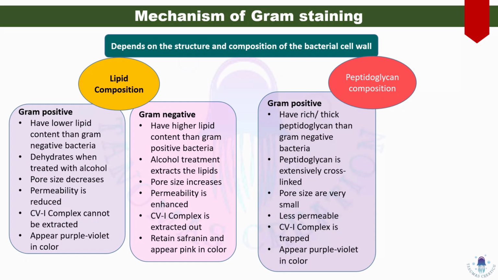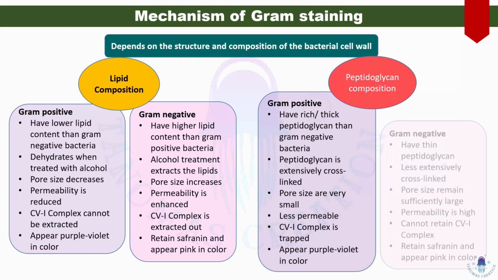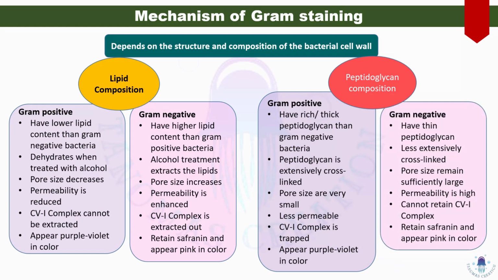So the second theory is based on the peptidoglycan composition. In gram-positive bacteria, they have a very thick peptidoglycan. This peptidoglycan is extensively cross-linked, and because of this cross-linking, pore sizes are very small, resulting in less permeability again. Therefore, the CVI complex is trapped and they appear purple violet in color.